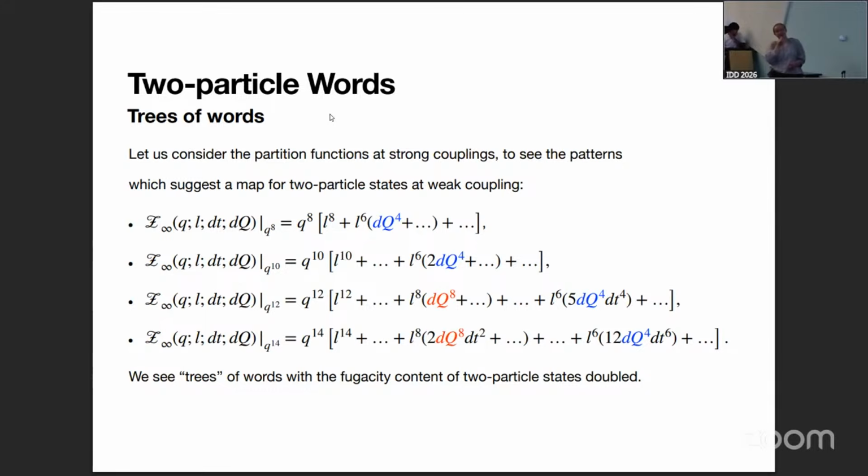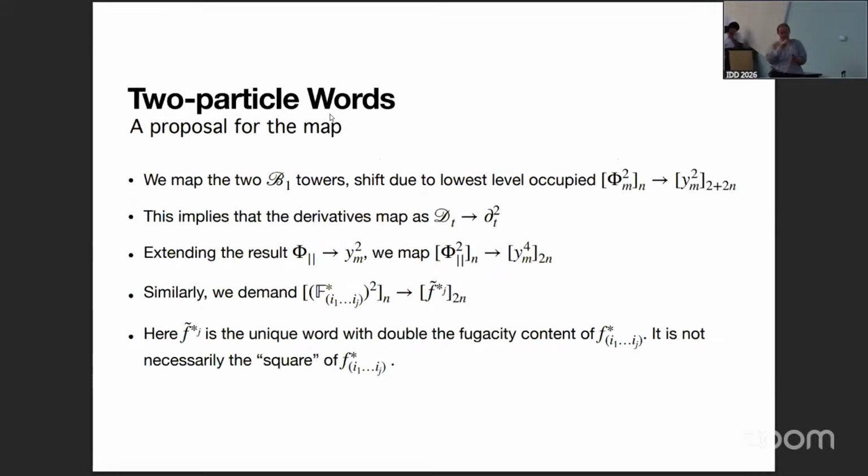This is the head of the tree, and it creates other states by acting with derivatives, but their multiplicity will be higher, and we don't really say anything about them. But we see that the head, the two particle state superprimary, maps to this state, and it has this content: this number of particles and this number of supercharges acted.